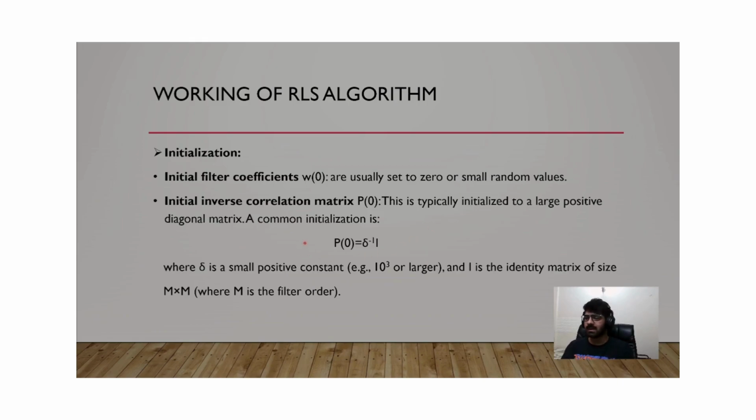Common initialization is P0 is equal to delta raised to the power minus 1 times I, where I is our identity matrix. Here we have kept delta a very small positive constant, such that delta raised to the power minus 1 is 10 raised to the power 3 or larger. And of course, I is an identity matrix of size m cross m, where m is the filter order.